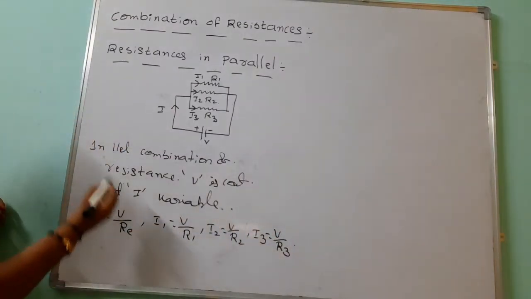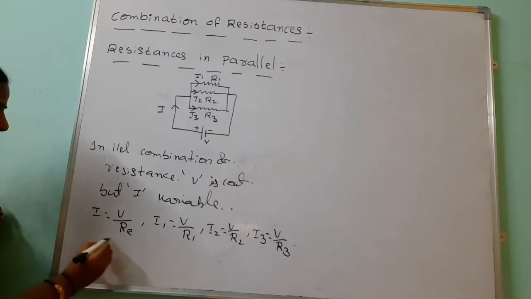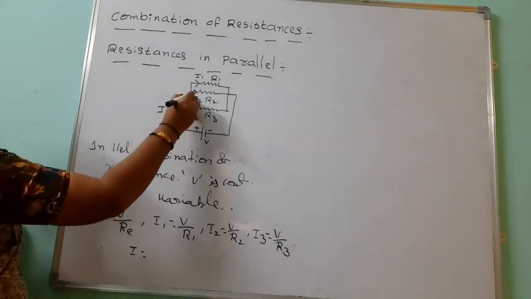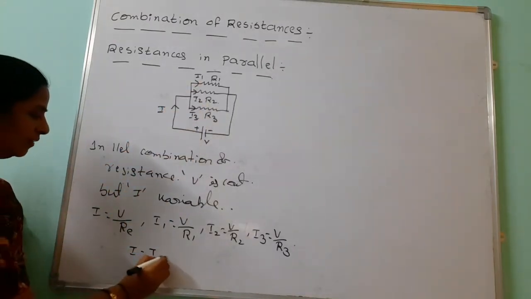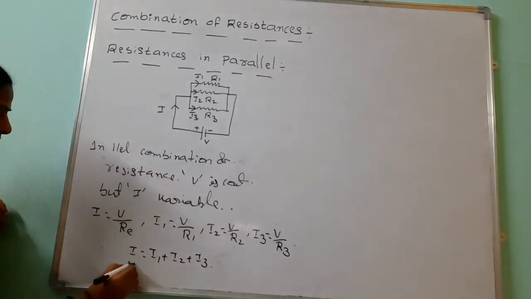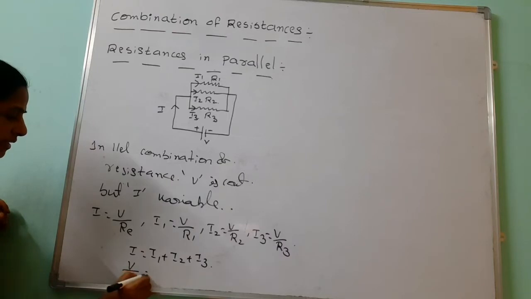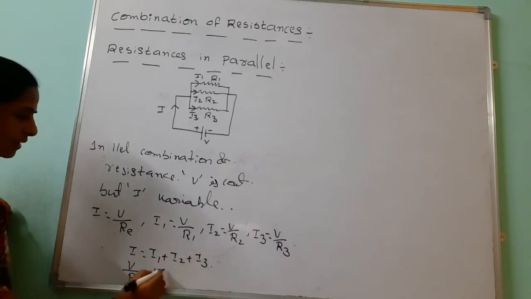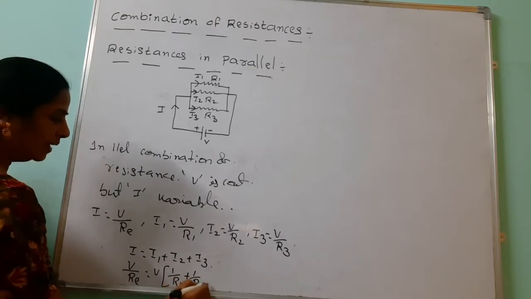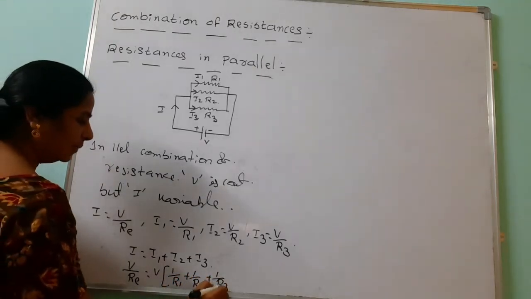Then how do we find the effective resistance? In this case, we can go through Ohm's law once again. I is dividing into 3 parts. I equals I1 plus I2 plus I3. Instead of I, we write V by effective resistance equals, here also potential is constant, V within brackets 1 by R1 plus 1 by R2 plus 1 by R3.